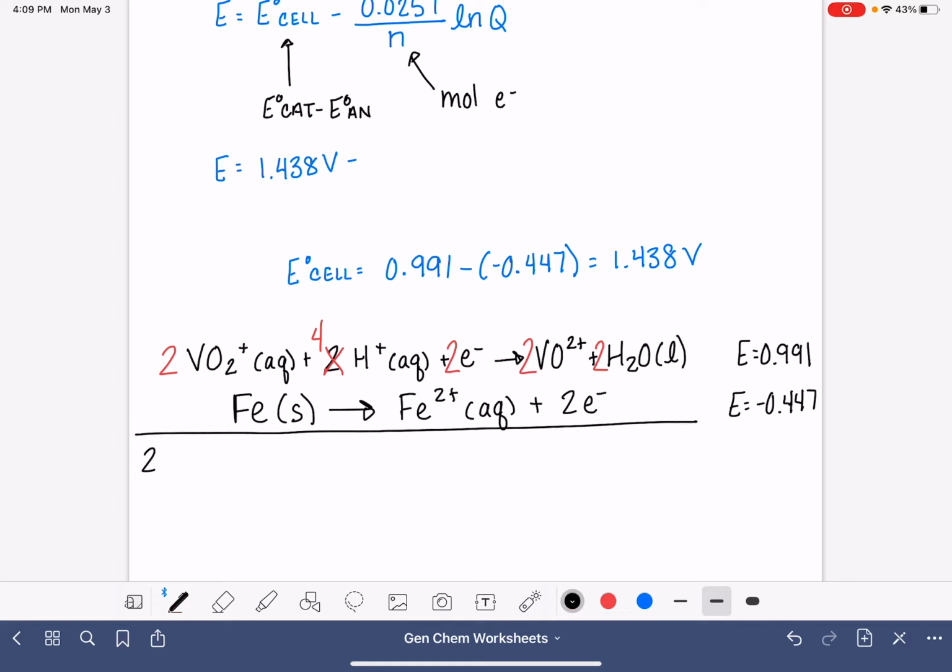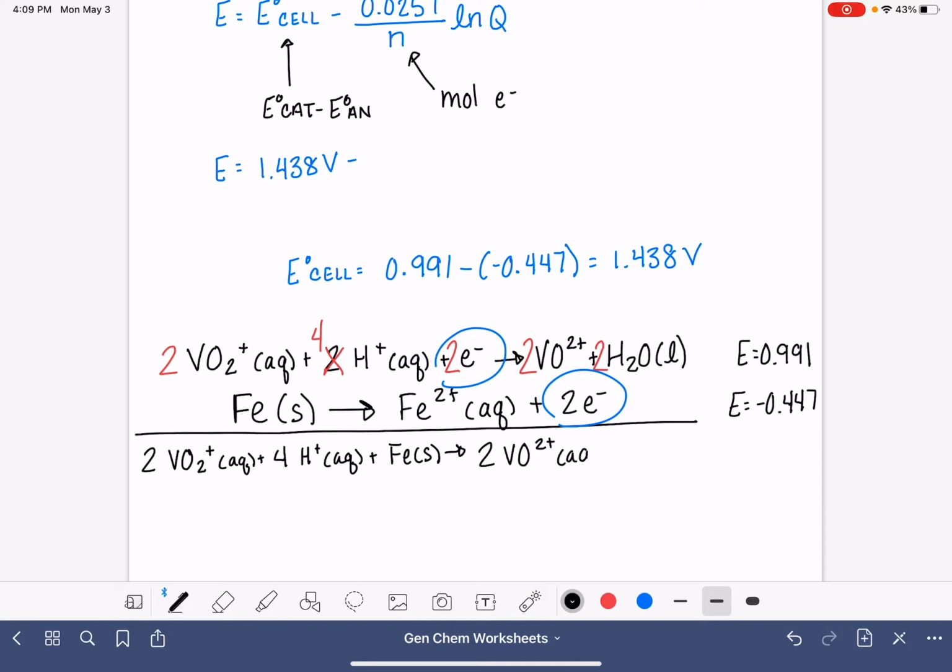So we get 2 of the VO2 plus, aqueous, plus 4H plus, also aqueous, plus Fe(s). I'm leaving out these 2 electrons because I know they're going to cancel. On my product side, I have 2VO2 plus.